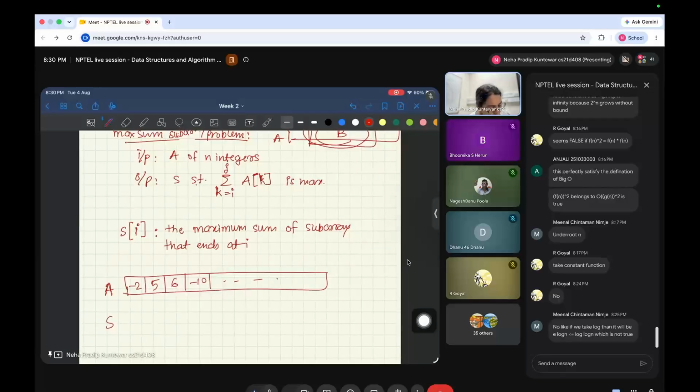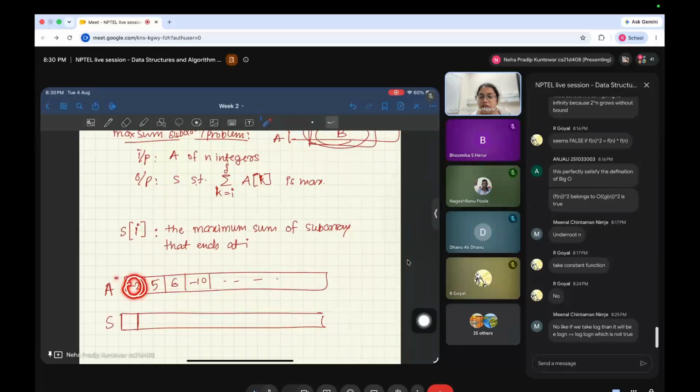So what does S look like? What is the maximum sum that you can get for a subarray that ends at this position? It is -2. What about a subarray that ends at this position? What is the maximum sum you can get?